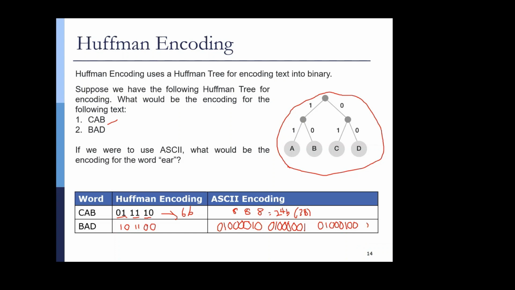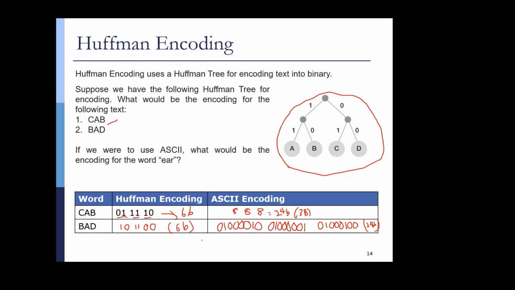Like this is already 24 bits, as compared to here only 6 bits. That's why people want to use Huffman encoding when we want to send something through the network.